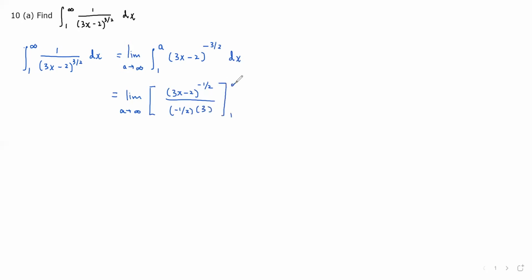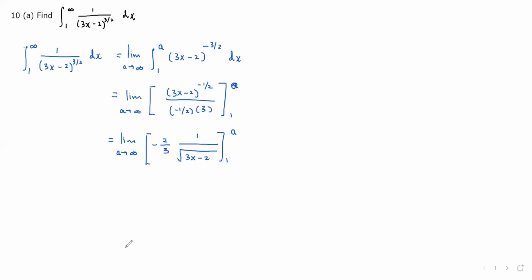And this is evaluated from 1 to a. So we take the limit as a approaches infinity. The denominator is negative 3/2, so that is negative 2/3. And that (3x minus 2) to the negative half is 1 over the square root of 3x minus 2, evaluated from 1 to a.